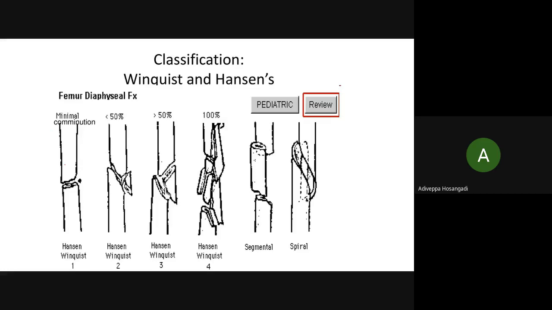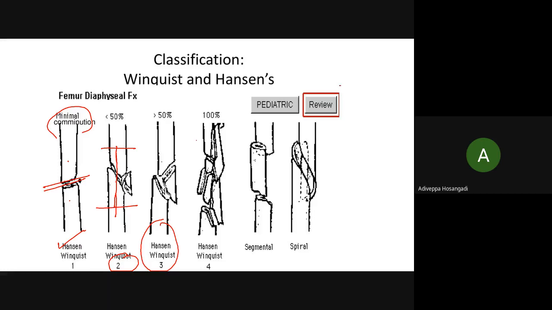Okay. A simple transverse, two-piece fracture which causes two segments of the bone is minimal comminution, Winquist 1. If the comminuted fragment is less than 50% of the bone width, it is Winquist 2. More than 50% is Winquist 3.